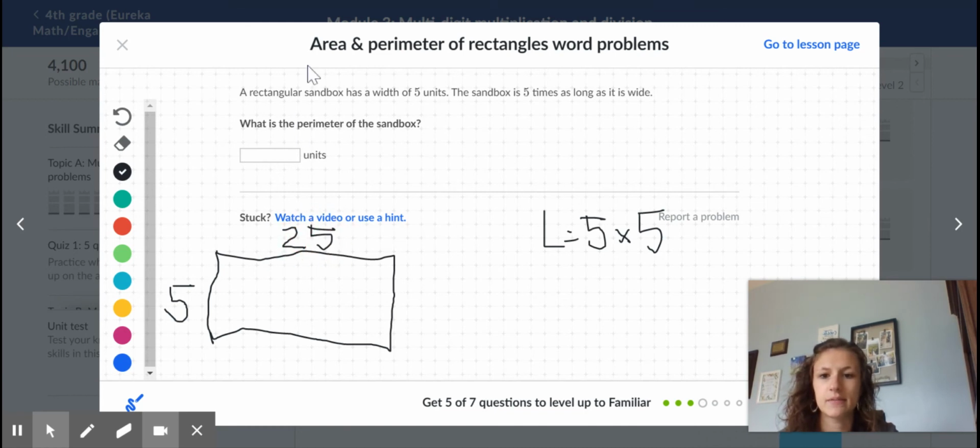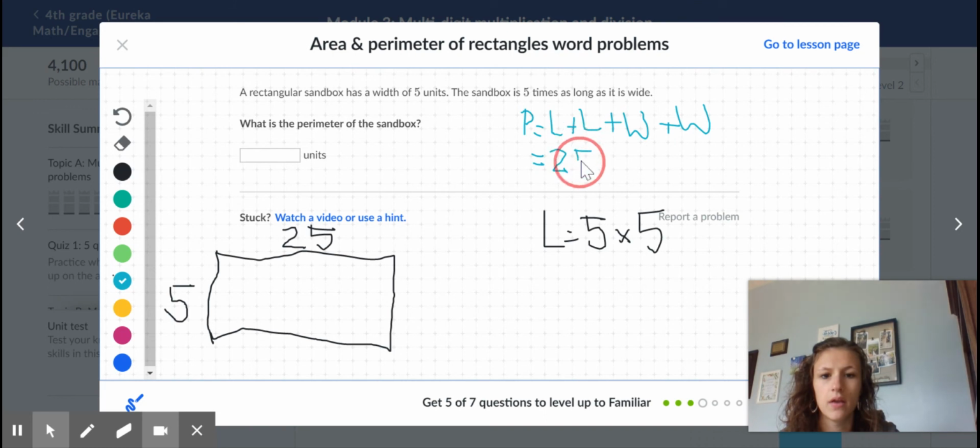Now it's asking me, what is the perimeter of the sandbox? Let's once again write our perimeter formula: perimeter equals length plus length plus width plus width. I can fill in my variables. My length is 25, this length is 25.